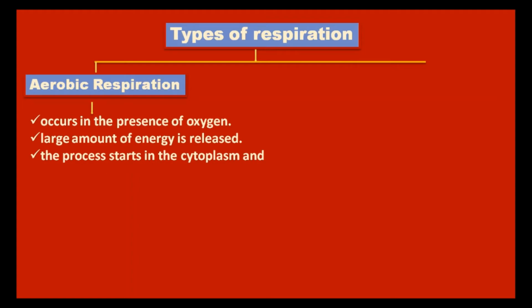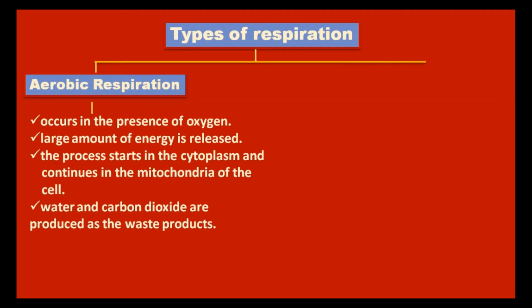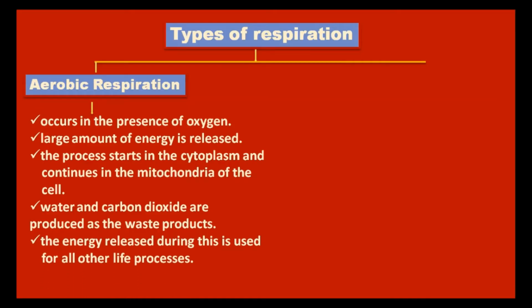Aerobic respiration starts in the cytoplasm and continues in the mitochondria of the cell. Water and carbon dioxide are produced as the waste products in aerobic respiration. The energy released during aerobic respiration is used for all other life processes.